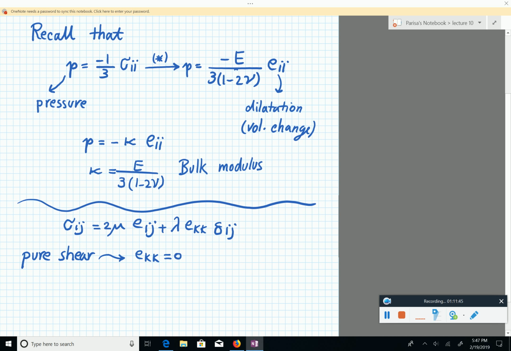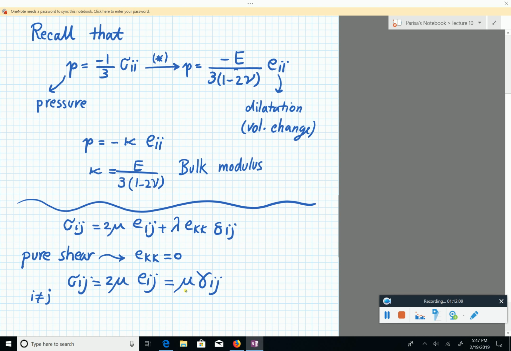So in that case we only have the first term left, right? Do you remember what we called 2 times E_ij if i is not equal to j? Engineering shear strain, right?